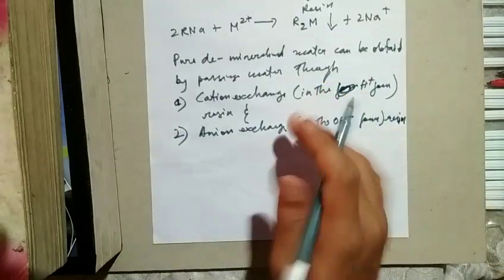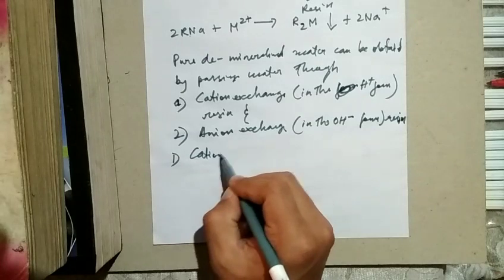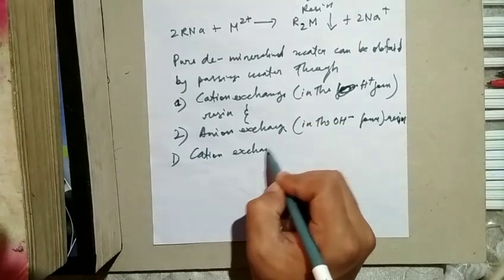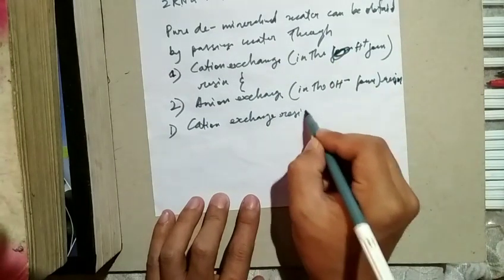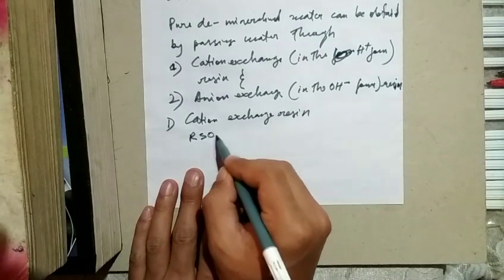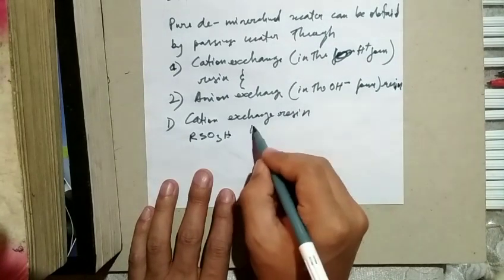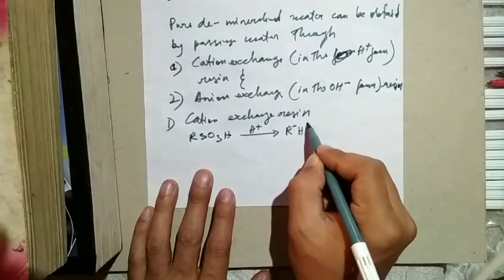Let us discuss one by one. Cation exchange. In the cation exchange resin, RSO3H in the presence of acid becomes R minus H plus.